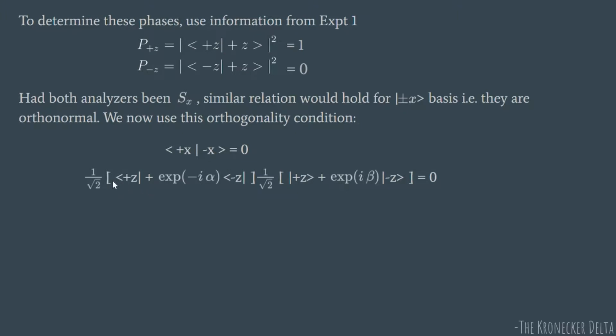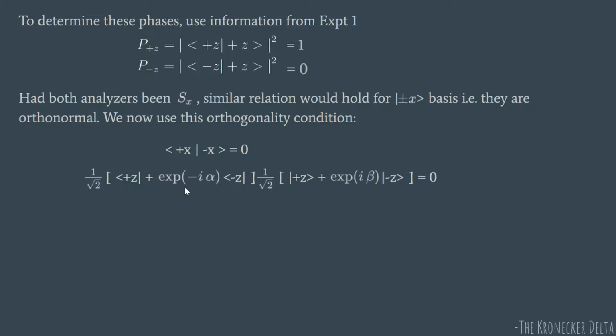We wrote it in the previous slide. For plus x, you write the bra form, not the ket form. When writing the bra form, the constant terms get complex conjugated. You had an i term, so the conjugate of i is minus i, right? So it gets minus i here, and this gets the bra form. Similarly, you have minus x here, so you plug in the ket minus x as it is, and equate it to 0.